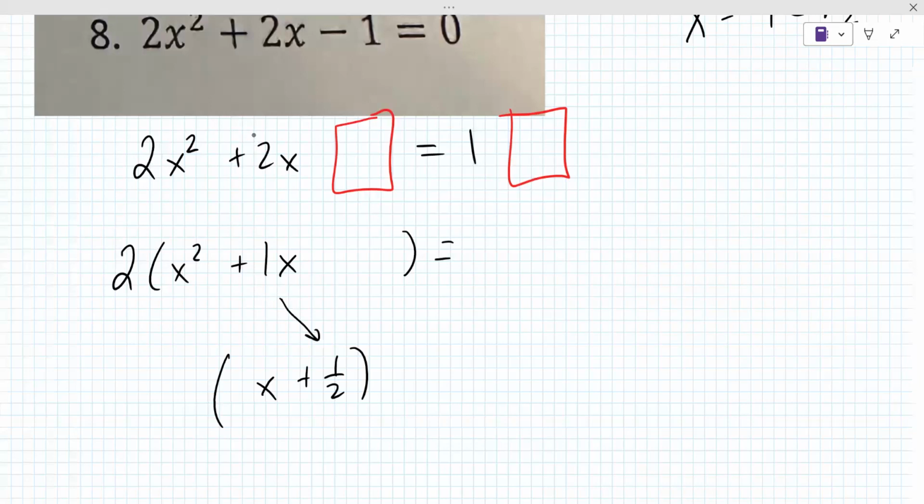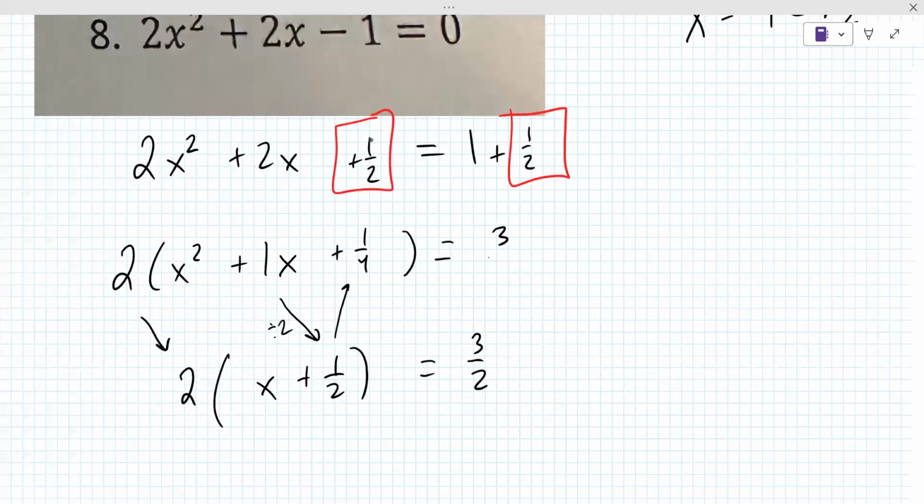Then you have to think about what goes up above here. Squared, x plus 1/4. And then what goes in the other box there? 1/2. Okay, all right, so keep going from here. Then x plus 1/2 squared equals 1.5, or 3/2. Probably better to go to an improper fraction there.